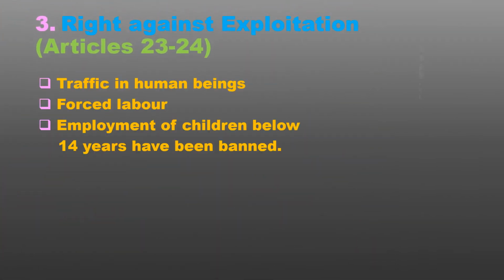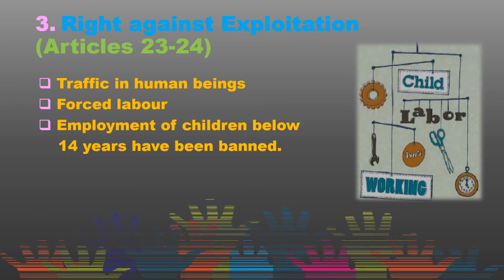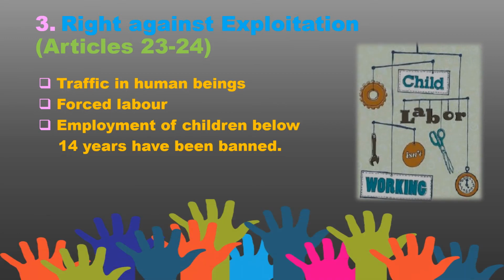The third right is the right against exploitation. You might have seen a small child working in a tea shop or a poor and illiterate person being forced to work in the household of rich persons. So, the Constitution makes provisions against exploitation.